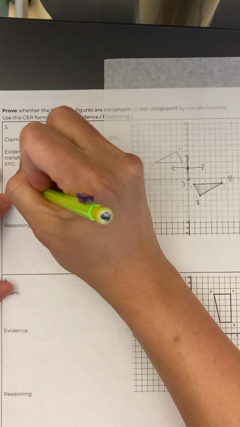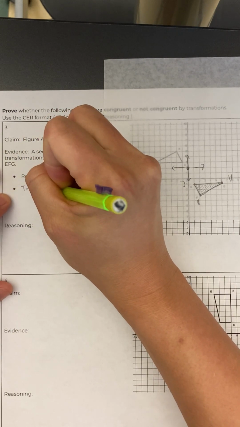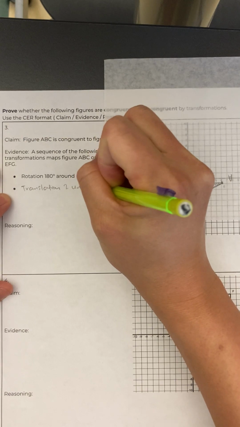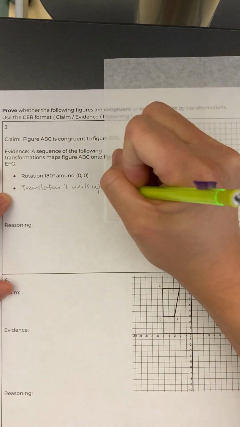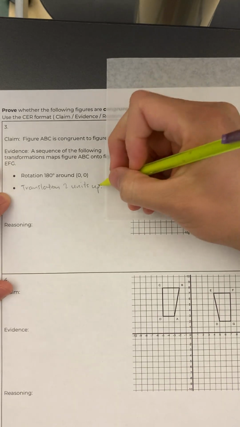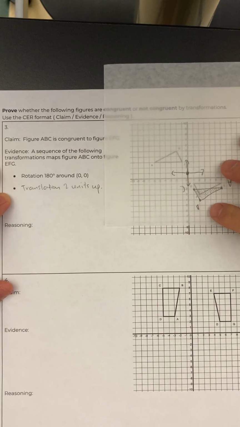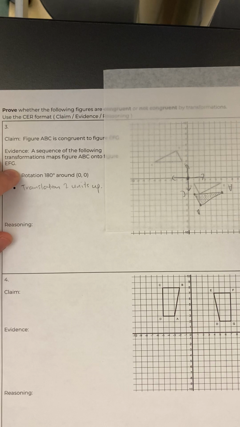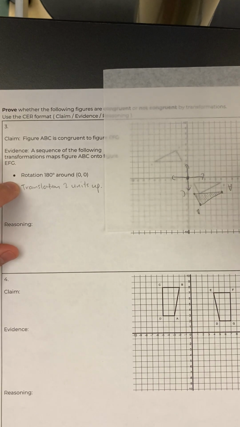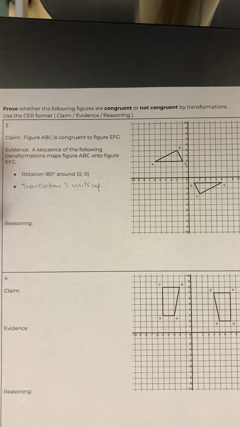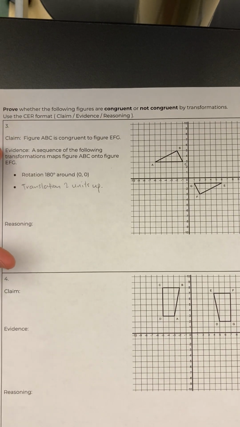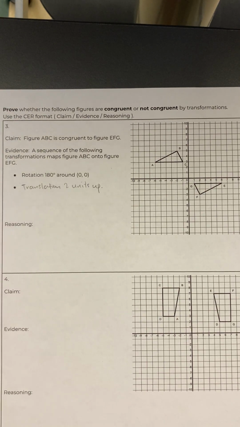We're gonna write translation 2 units up, right? So after that sequence, after a rotation 180 degrees around 0, 0, and a translation 2 units up, I was able to say that the two shapes, or figure ABC mapped onto EFG, okay?